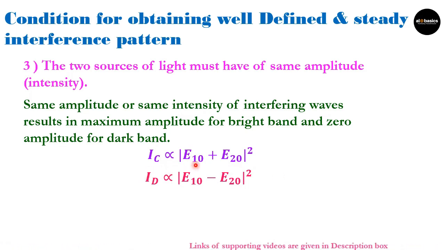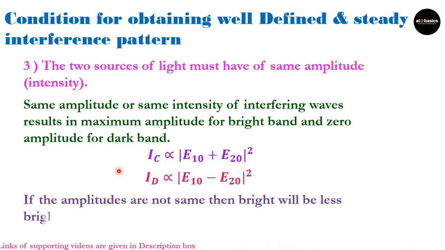Now these equations are from the video of intensity distribution in interference. Link of all supporting videos I have given in description box. As intensity for bright one should be maximum and for dark one should be zero, to get the proper contrast, we consider that amplitude should be same.